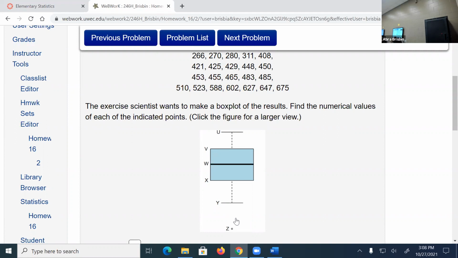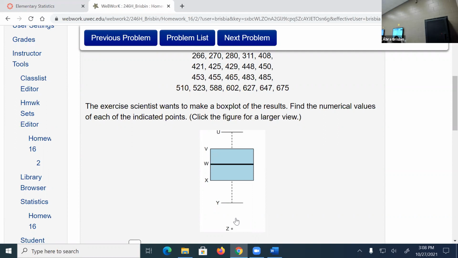And the lower fence being the first quartile minus 1.5 times the interquartile range. So anything outside of these fences, so greater than the upper fence or less than the lower fence, is going to be an outlier.